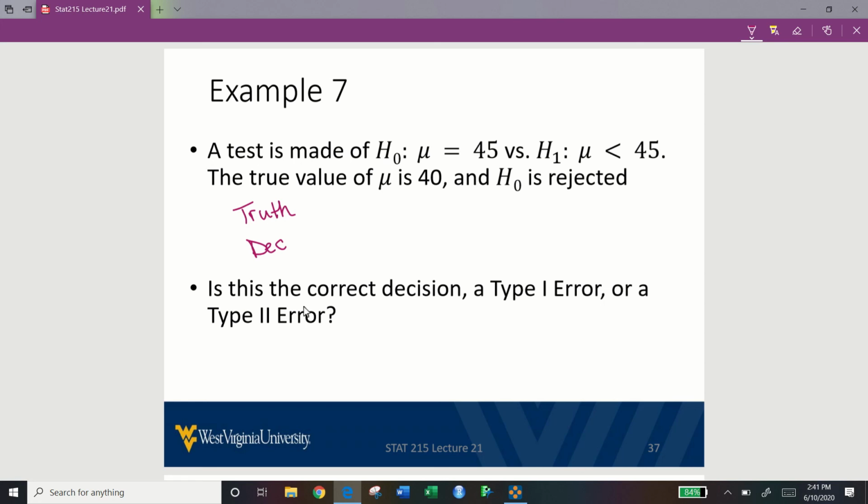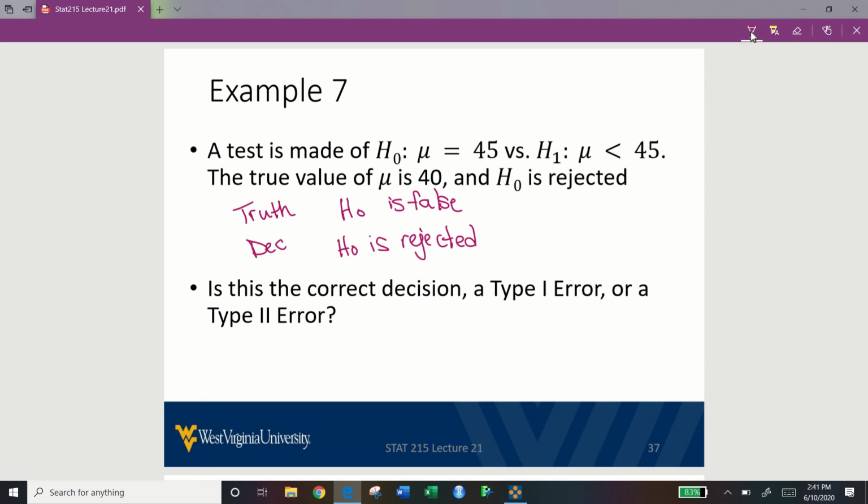So the truth is that the null is false. Our decision was that the null should be rejected. To make this easier, I'm going to change the word null to h naught just to keep it consistent because I do know you guys are learning this for the first time.